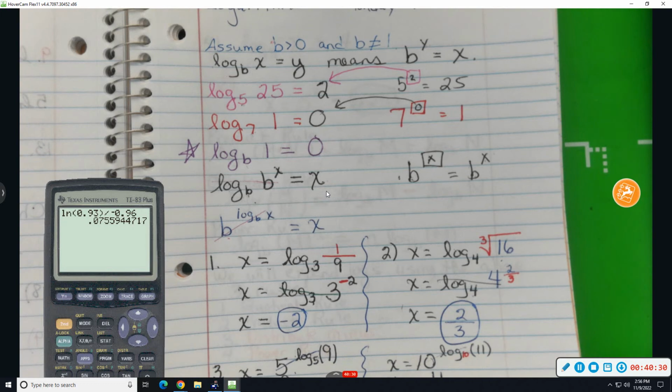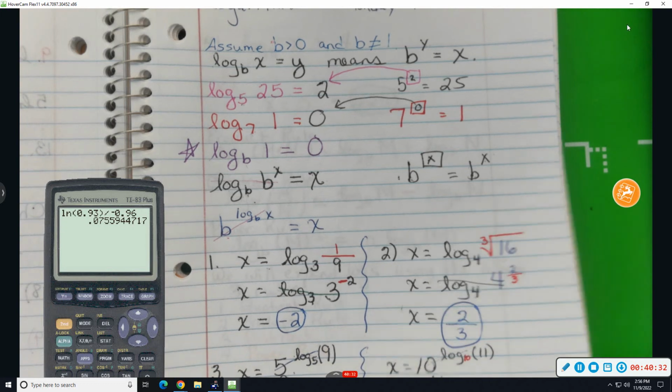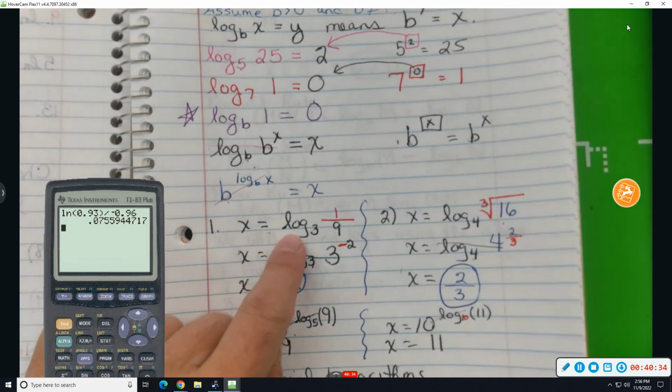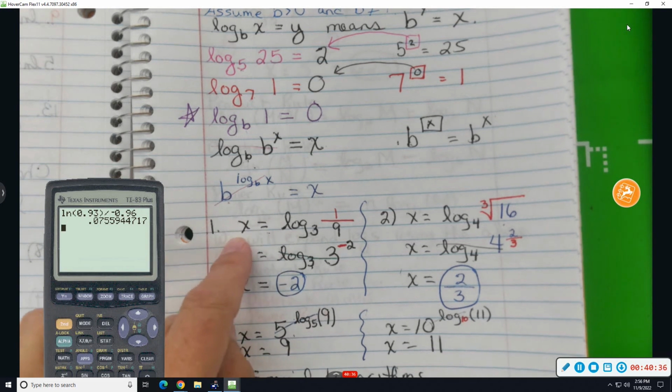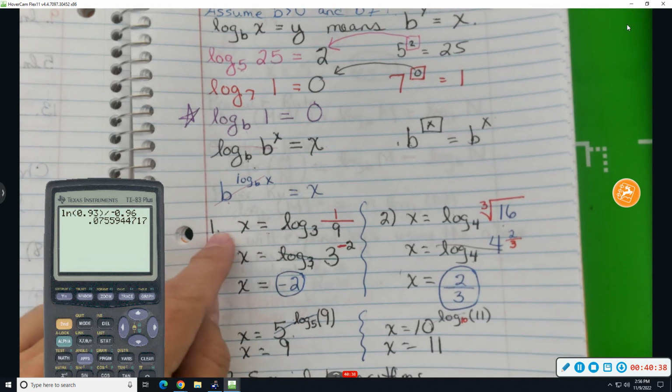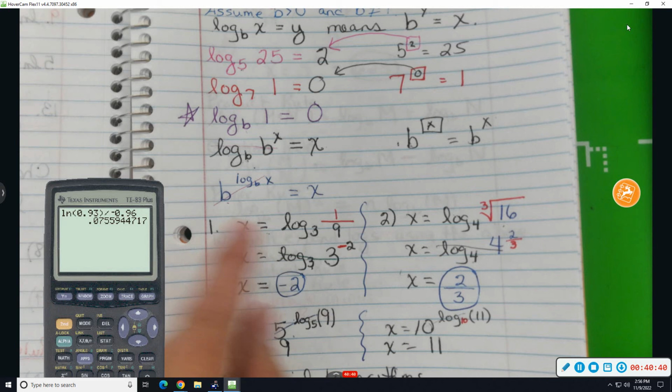Looking back at Monday's lecture over logarithms, problems 1, 2, 3 said solve the logarithmic equation.